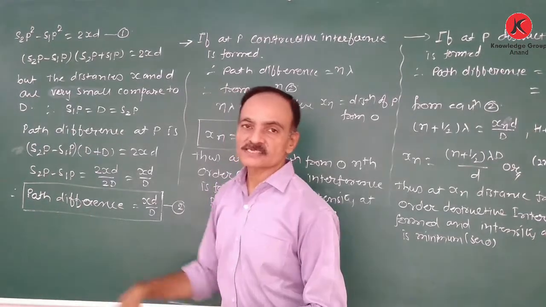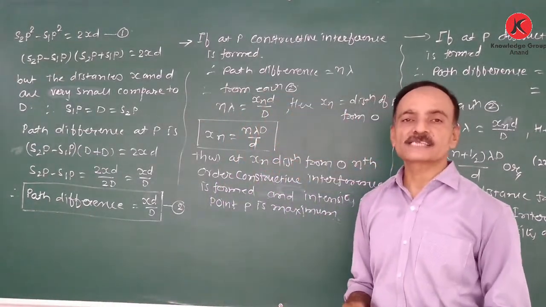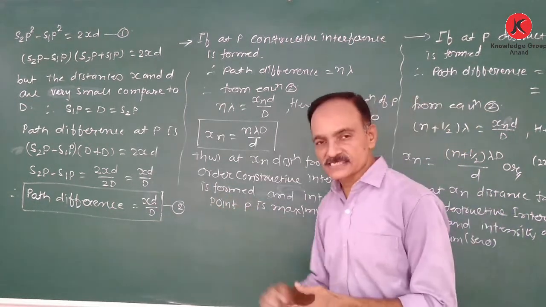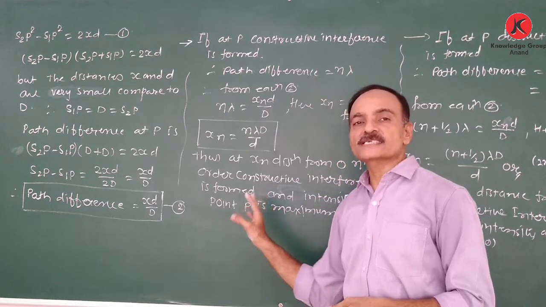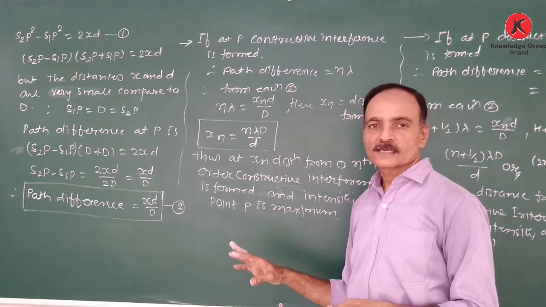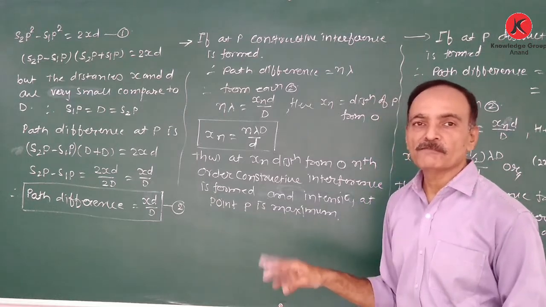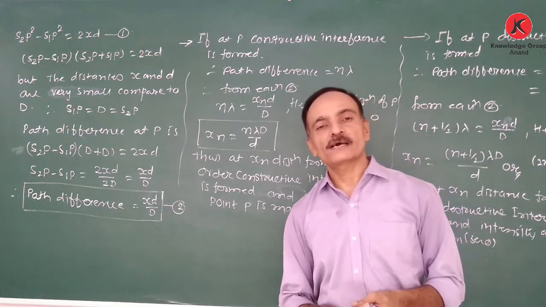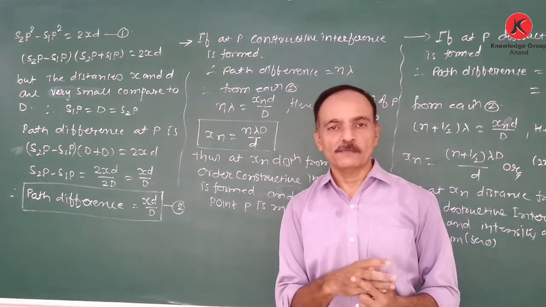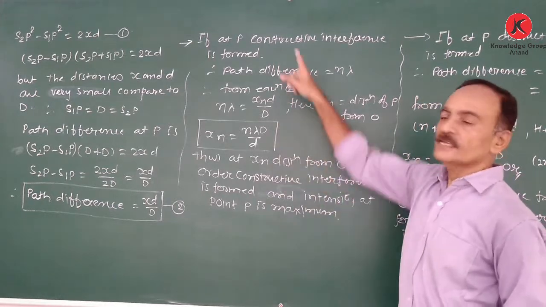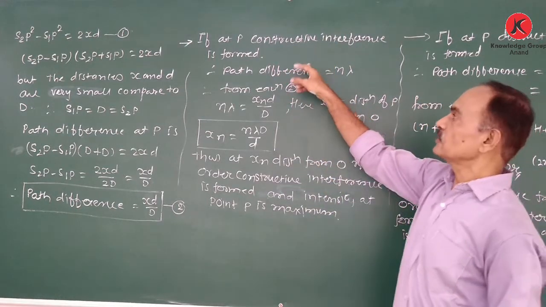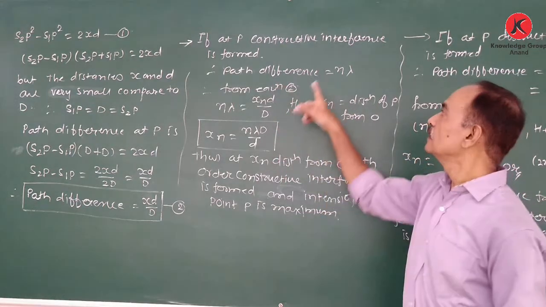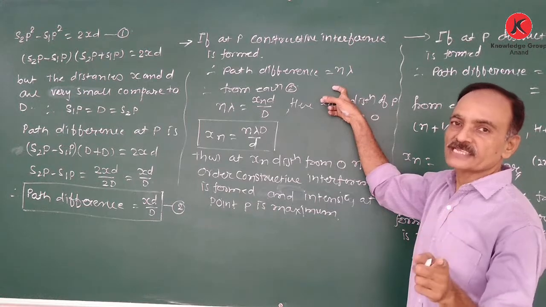So that is the required equation of the path difference in Young's double slit experiment at point P on the screen. On the basis of this, sometimes the question is also extended for 3 or 4 marks, to obtain the distance from the midpoint of the screen at which the nth order constructive and nth order destructive interference are formed. Suppose at point P the constructive interference takes place. The path difference for constructive interference, we already know, is n lambda.